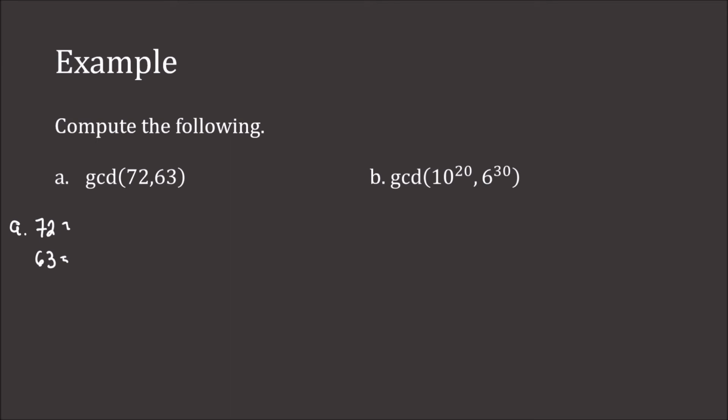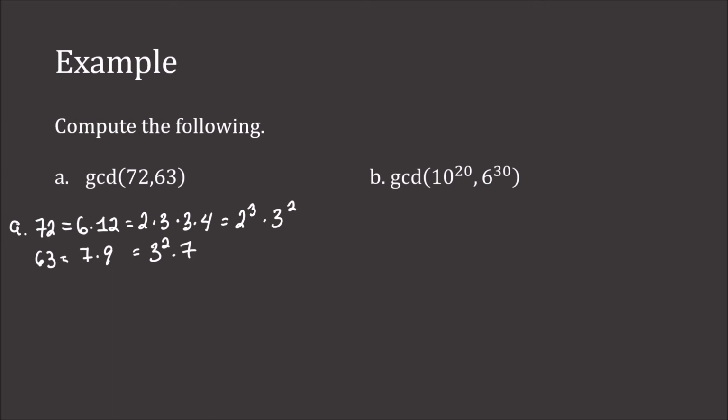So 72 can be 6 times 12, which is 2 times 3 times 3 times 4. So I have 2 cubed times 3 squared. 63 is simply 7 times 9, and so that's 3 squared times 7.